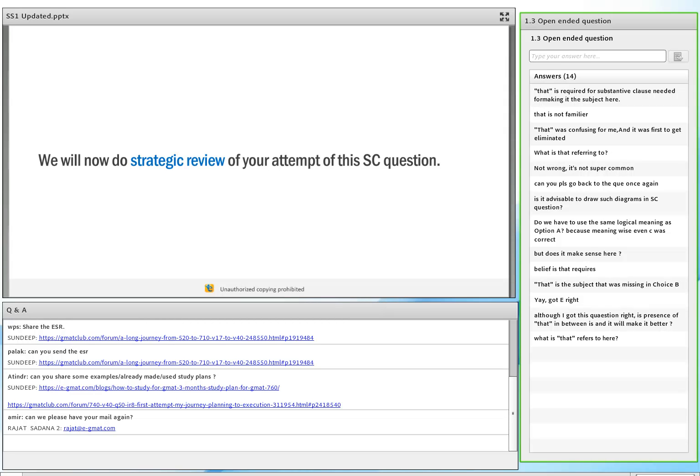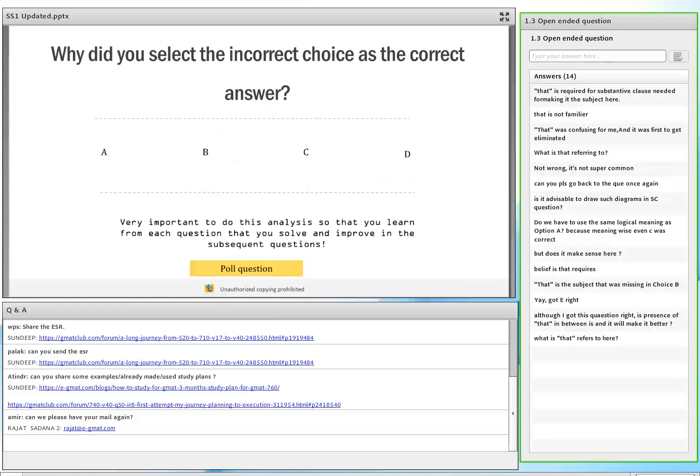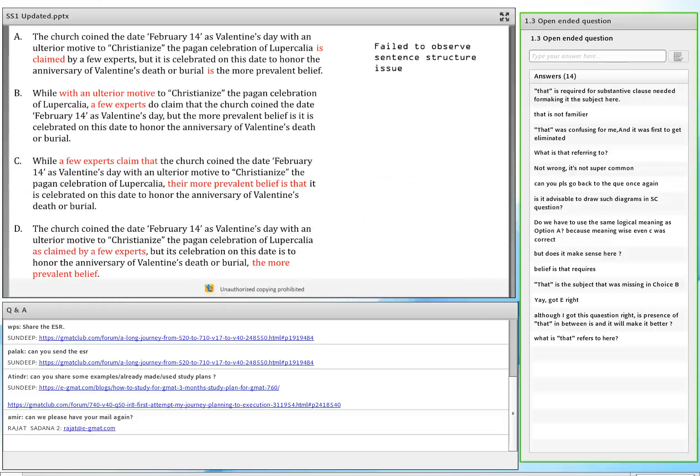I'm just going to do a strategic review of this briefly over here, and let's look at this. If you chose choice A, very few of you did, you basically failed to observe that the subjects were missing for certain verbs. If you chose choice B, you failed to observe the meaning distortion.